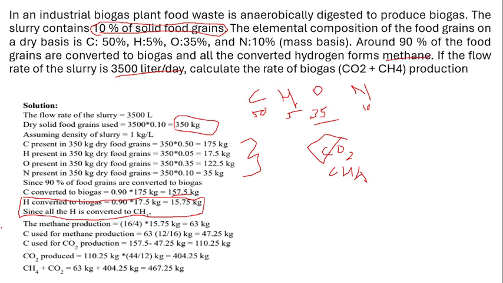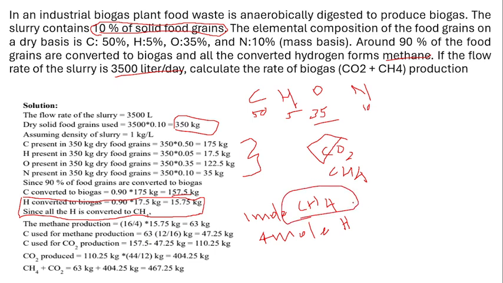So we have to use the stoichiometric balance to find the amount of methane. In this equation, for 1 mole of methane, 4 hydrogen atoms are required.